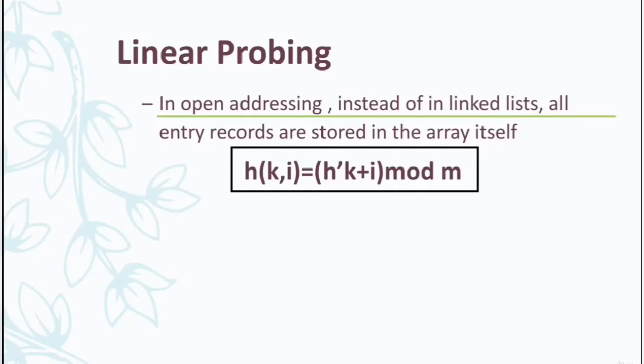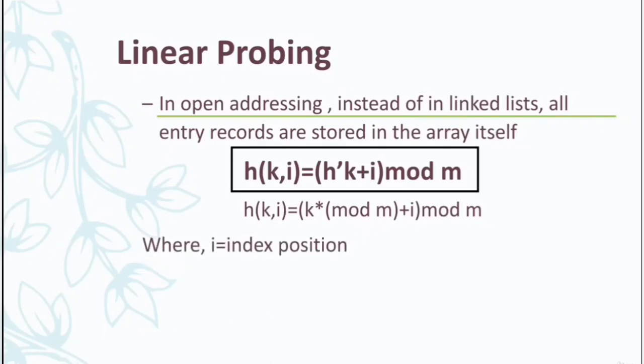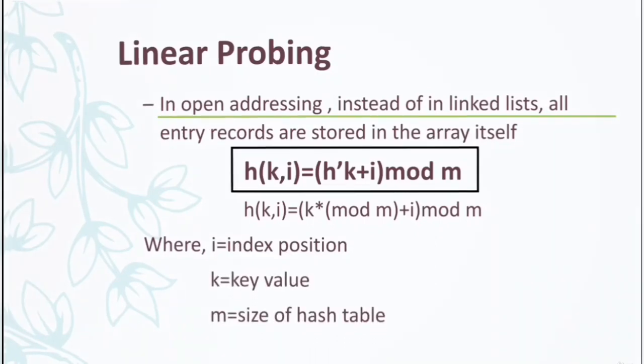Again we can write it as h of k comma i equals (k mod m plus i) mod m, that is, we can write h dash of k as k mod m. So this is the hash function where i is the index position, k is the key value and m is the size of the hash table.